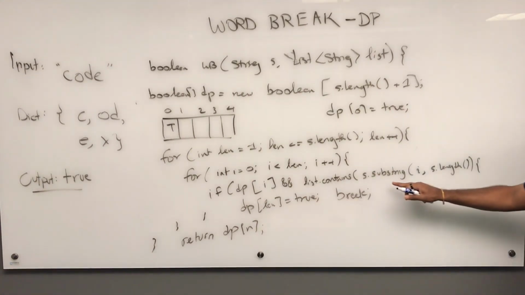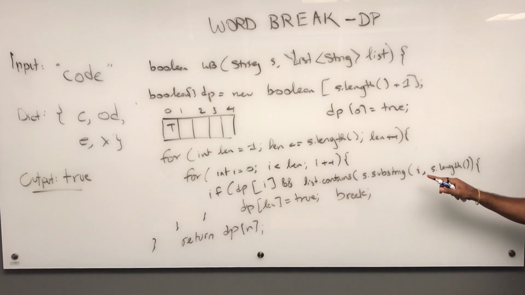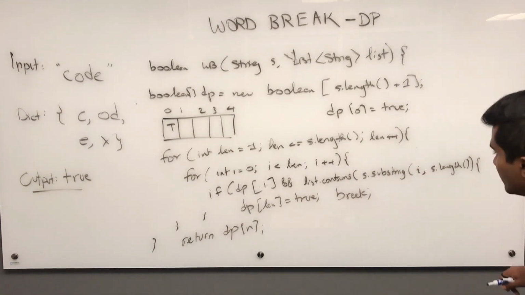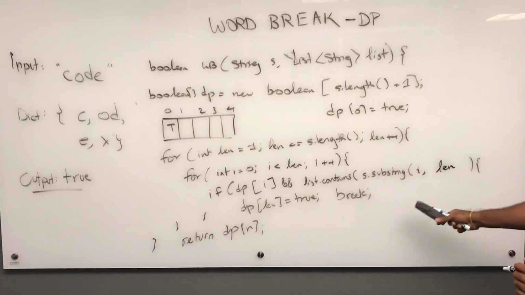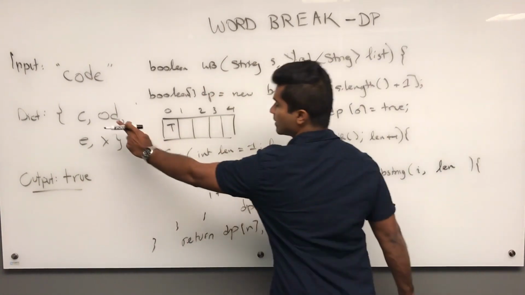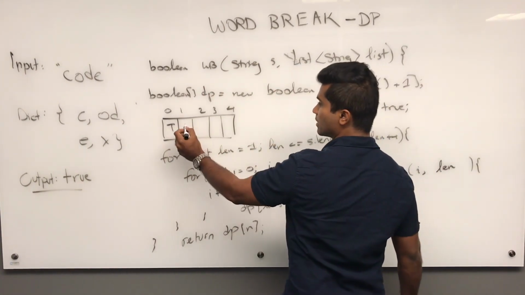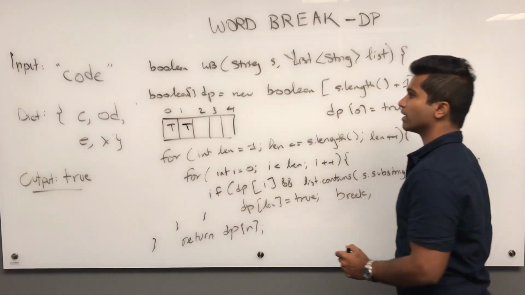And does the list contain substring 0 to, okay, this actually is not s dot length. This has to be just the length itself. So because we're looking at C first, and C is contained in there, this is going to be true. Then we break.